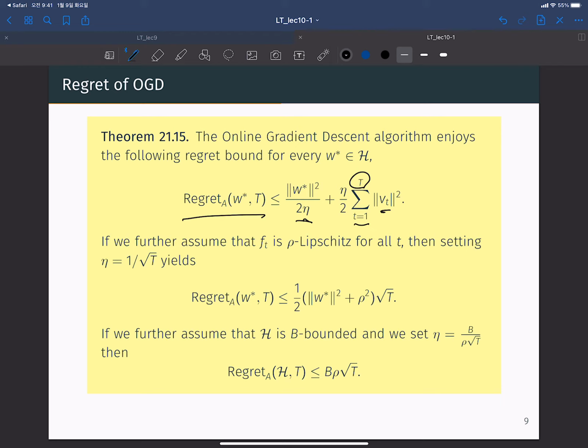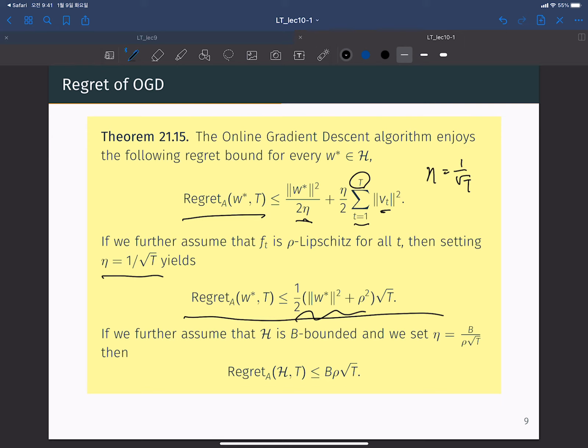Okay. So roughly, when we set eta equal to 1 over square root of T, and if f_t is a Lipschitz continuous function at every time t, then we can upper bound the norm square of v_t by rho square. So we have this very nice regret: some constant times square root of T. If we further assume that our hypothesis class is bounded, then w star is also bounded.